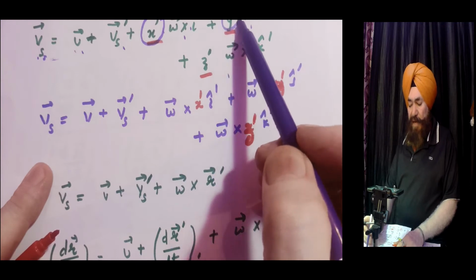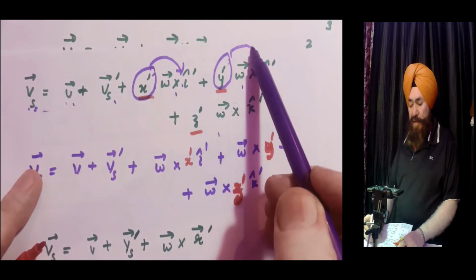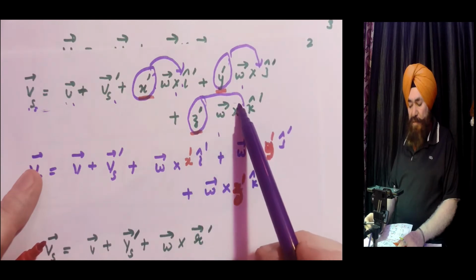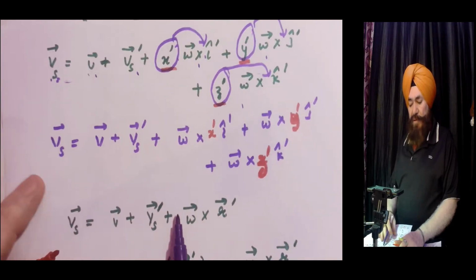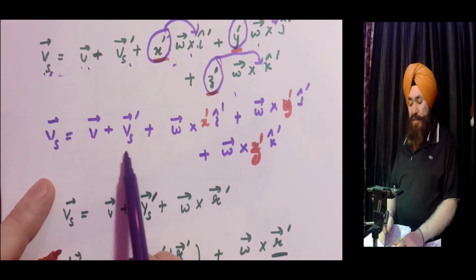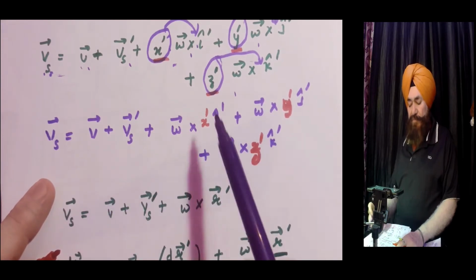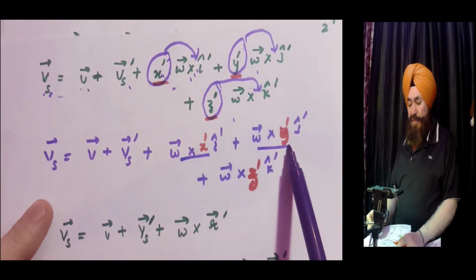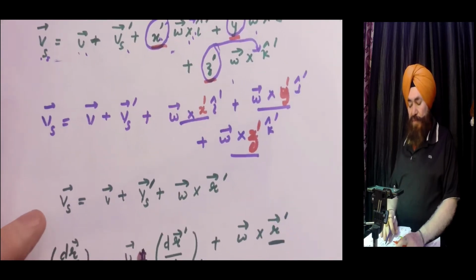Similarly, this y dash may be written here, and this z dash may be written here. Then this relation becomes like this. Okay, x dash is transferred here. Now next.